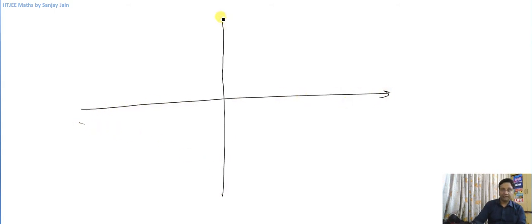Once you've learned this, let us think about negative angles. Let us say this is angle theta. And I draw a line here. And I draw the same angle here. Right?